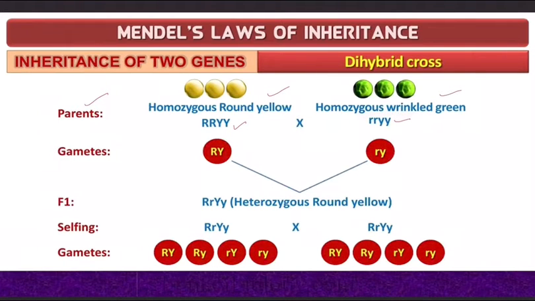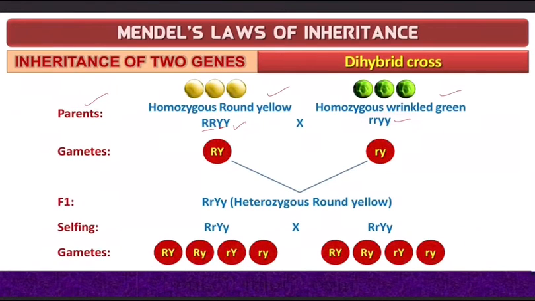Going ahead, when we go for the cross, the parental generation, we know the phenotype, homozygous round yellow, homozygous wrinkled green. And the genotype also we know, capital R, capital Y versus small r, small y. When we go for the crossing of these two, what type of gametes will be likely to be formed?